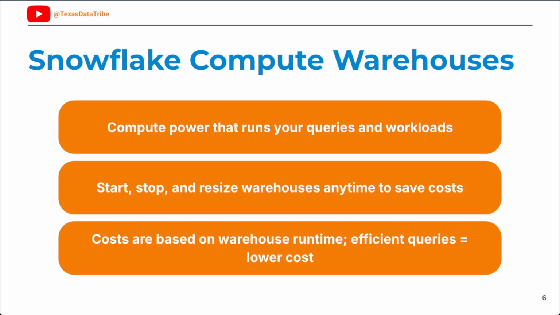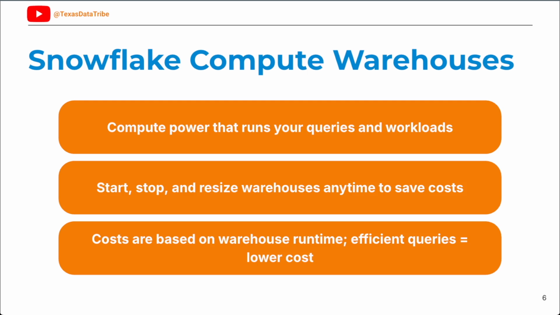And again, it's why I say that if you have the free trial and you can't complete the series of videos within the free trial, it doesn't hurt to throw a credit card down and go ahead and sign up for the full version of Snowflake. Keep your warehouses turned off, and you will only be charged for what you use. I think the price per credit is somewhere around $2 a credit these days. So not very expensive when you're just turning them on and off very quickly.